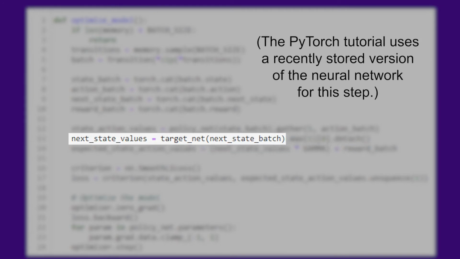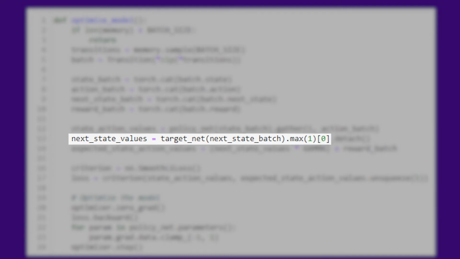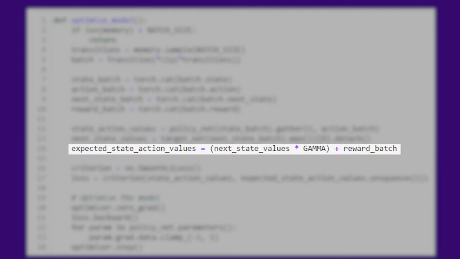The easy part is the reward the robot remembers getting on that move. But you're going to add something to it representing the potential for more rewards in the following moves. You get the robot's opinion on what each action's next reward would be based on the memory of the next observation. Then you pick out the highest reward there. Multiply this sum by some gamma to de-emphasize forward thinking.